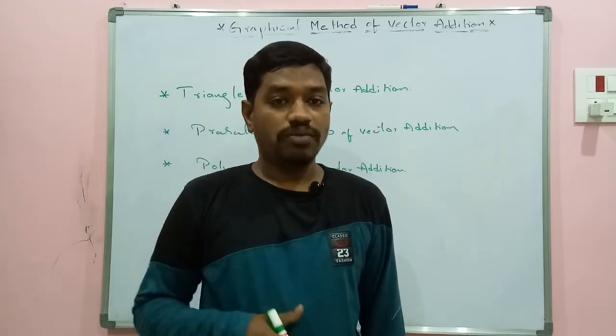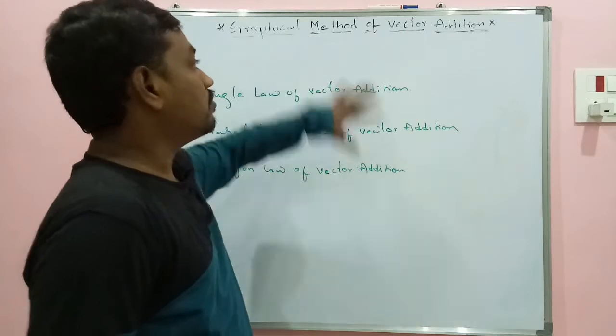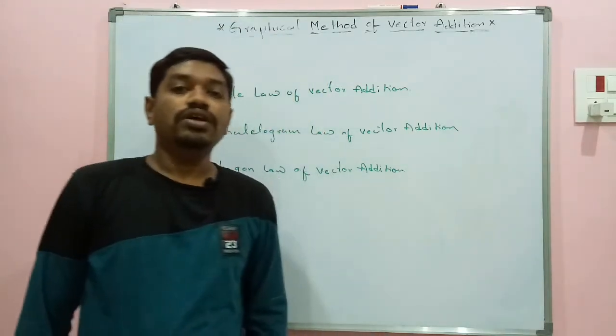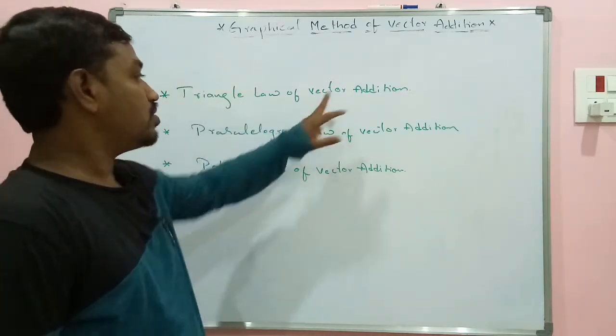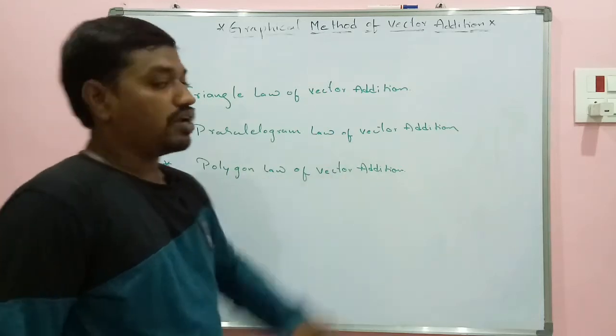This was our previous topic, and in today's class we will be seeing the graphical method of vector addition. In this graphical method, we will see three different laws: the triangle law of vector addition, the parallelogram law of vector addition, and the polygon law of vector addition.